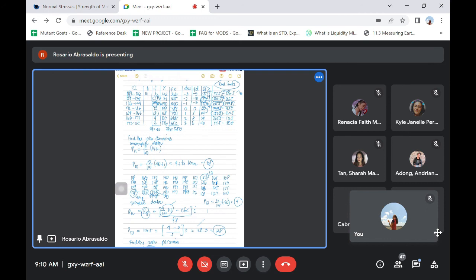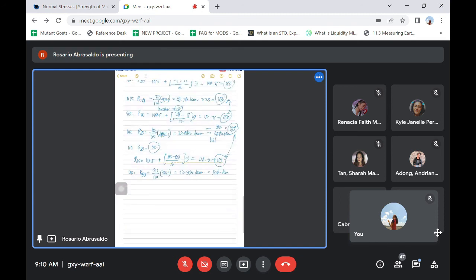So, that is P sub 90 naman ta. 168 ni siya. So, ang 37th term belongs to 168.